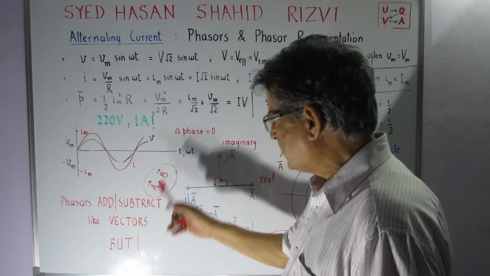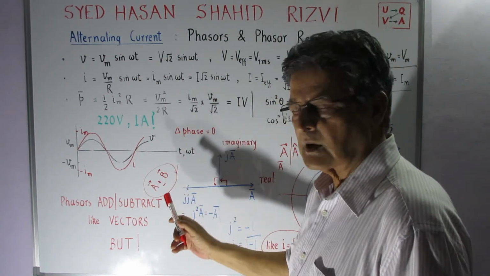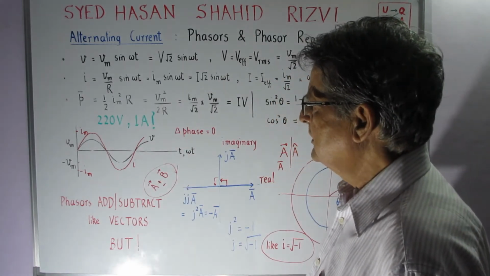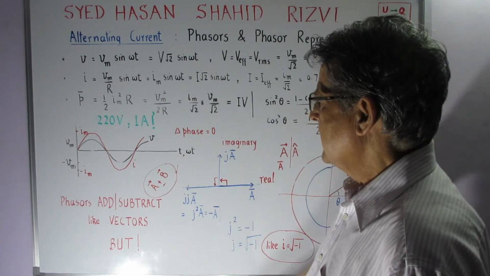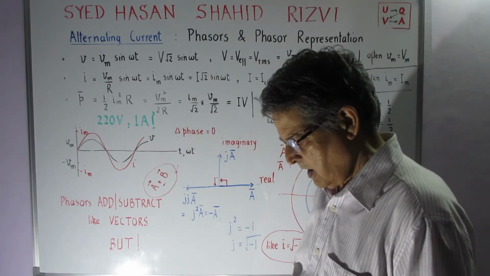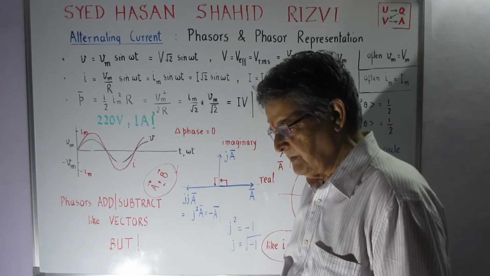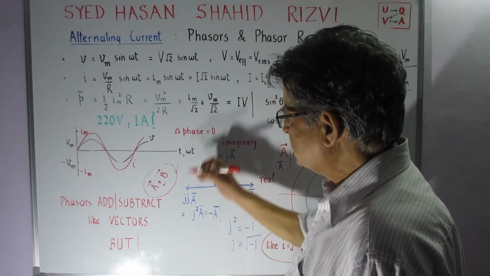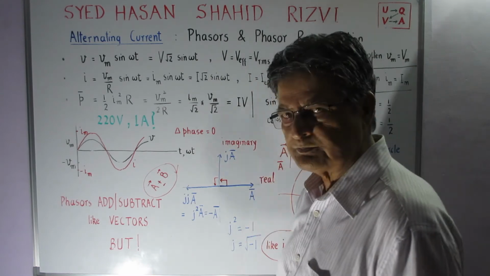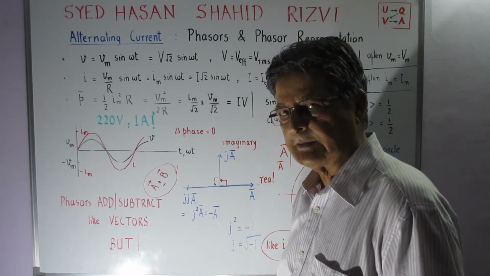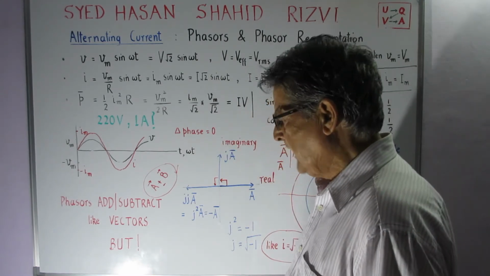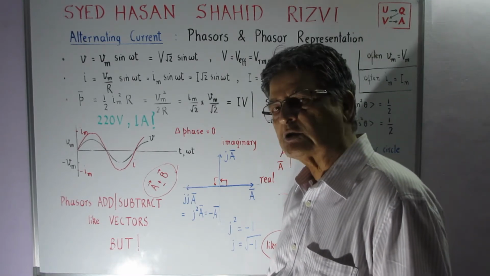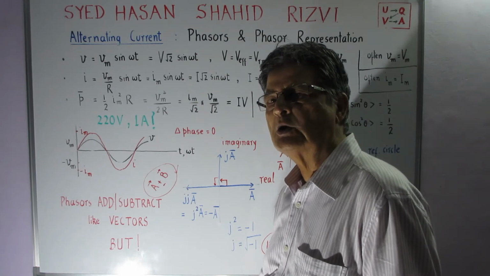Phasors do add, subtract like the vectors, but the phasors are such quantities like current and voltage. First of all, when we draw something, it has a length, and that length should be proportional to the magnitude of the quantity that we are going to draw.